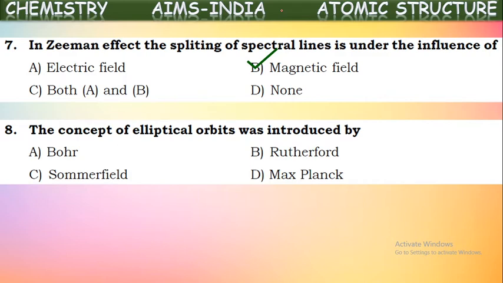Because of that, electrons are getting different quantities of energy and exhibiting different spectral lines. So this concept was explained by Sommerfeld. He told that all the electrons in an orbit are not revolving in circular paths. Some are revolving in circular paths, and some of them are revolving in elliptical orbits also.